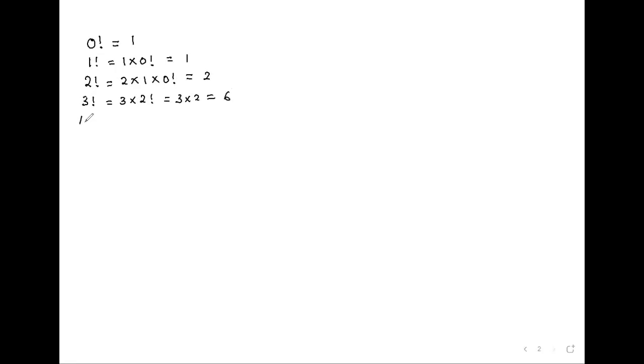Okay, should they say 4 factorial? Well, I'll save my time by just saying 4 times 3 factorial, because I know what this is. This is 6, so I have 24. What about 5 factorial? This is 5 times 4 times 3 times 2 times 1 times 0 factorial.